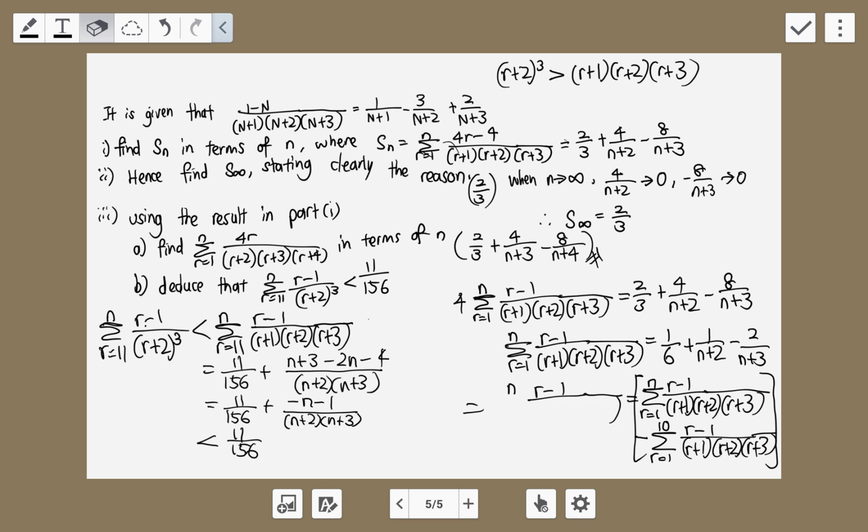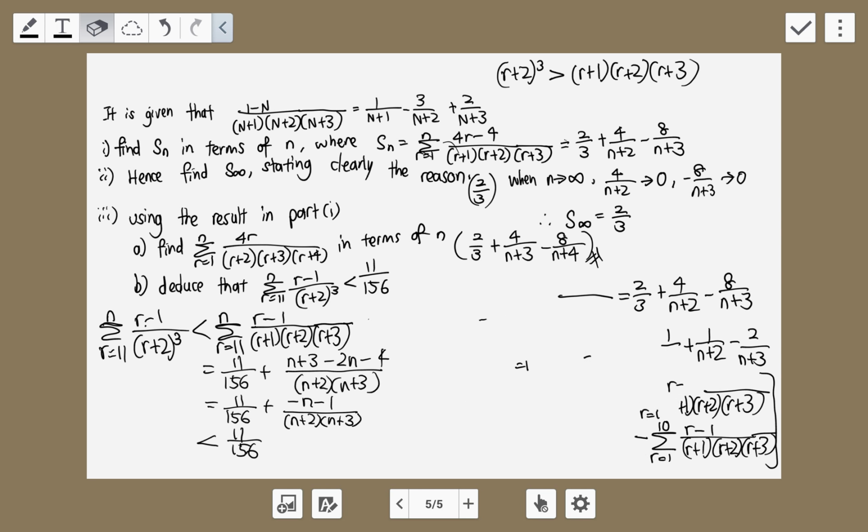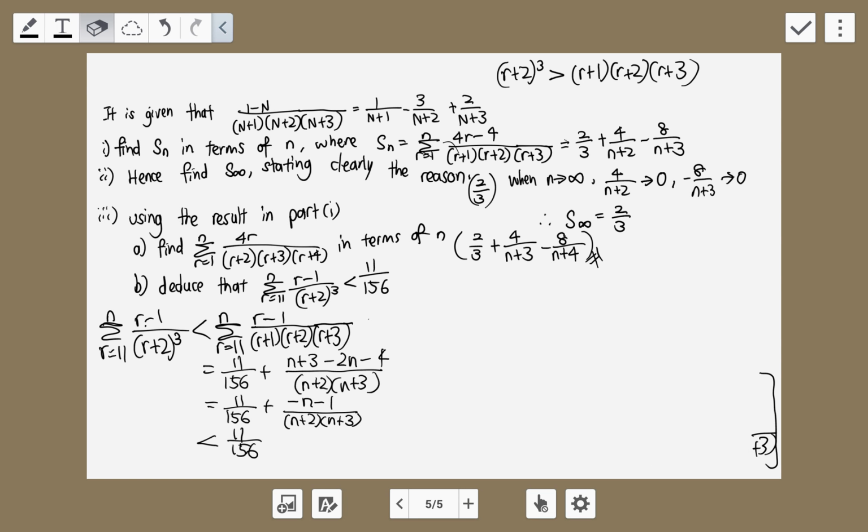So I will just erase the working here to make space for the working on top. So let's set about proving this. So r plus 2 cubed, if I expand it, will be r cubed plus 3r squared times 2 plus, I'm just using the binomial expansion over here.